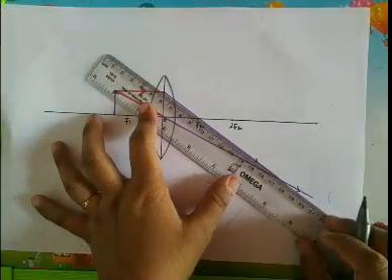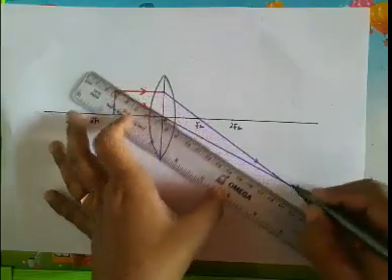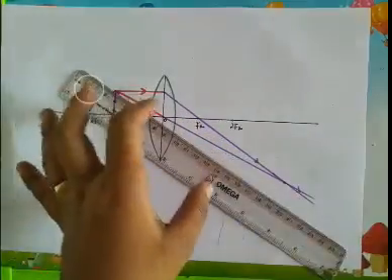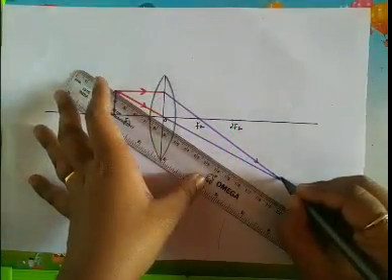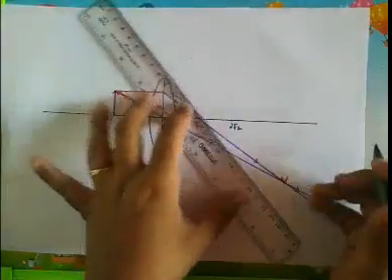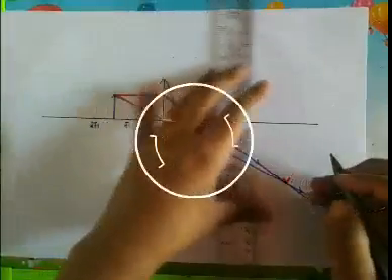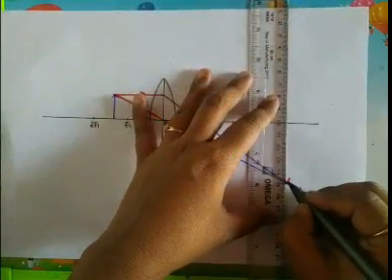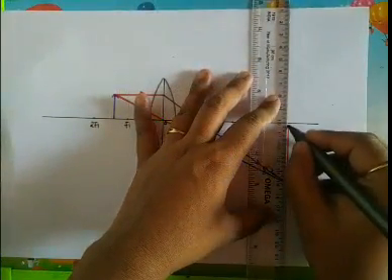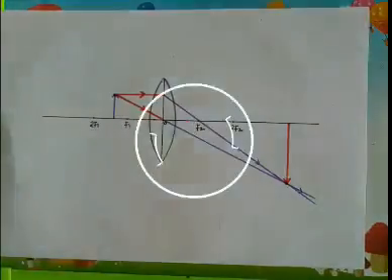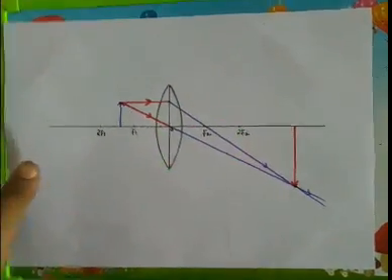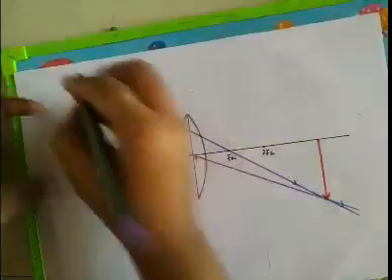Okay, so see, the two rays are intersecting at this point. So this is the point where the image will form. We will draw an image. This is an image. Now let's describe the image.